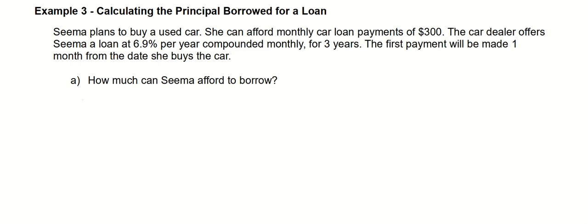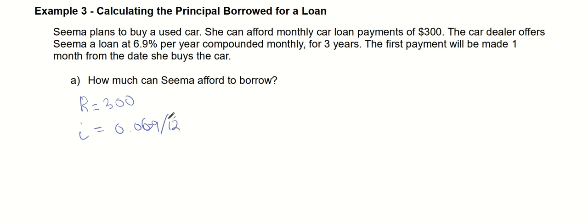So R is 300. In this case, the car dealer offers her a loan at 6.9% compounded monthly. So basically, this is per year, so you're going to convert that into months.